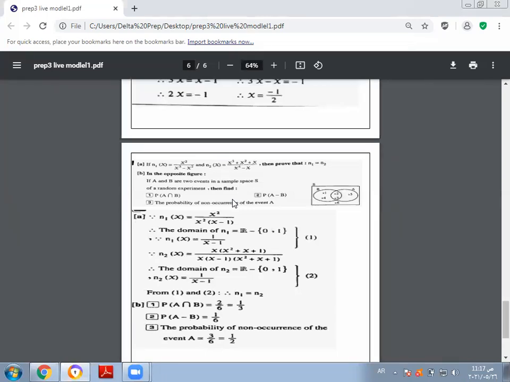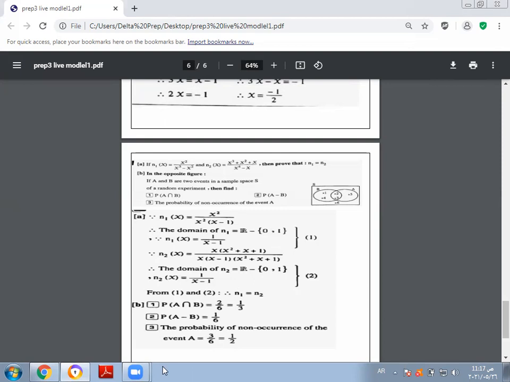Question number 3, the probability of non-occurrence of event A. Non-occurrence of event A, what does it mean? It is the complement of event A. We want to find A dash.